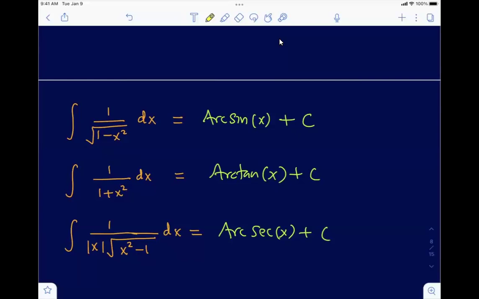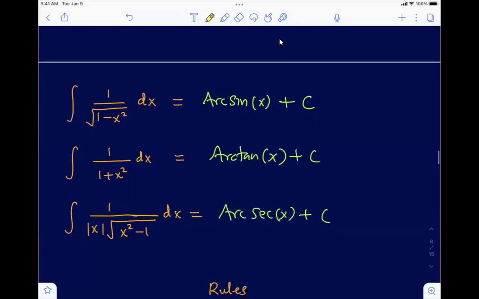When you take the integral of 1 over the square root of 1 minus x square, you will end up getting arc sine x plus c. The result is coming from the derivative of arc sine x. That will result exactly in what you see here.